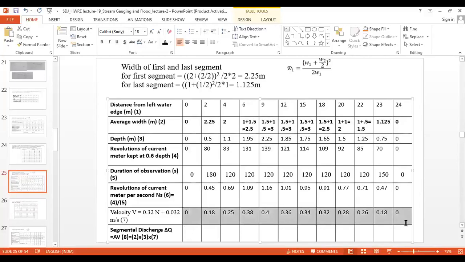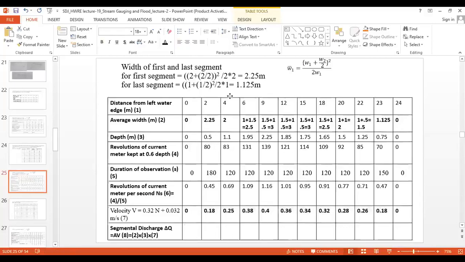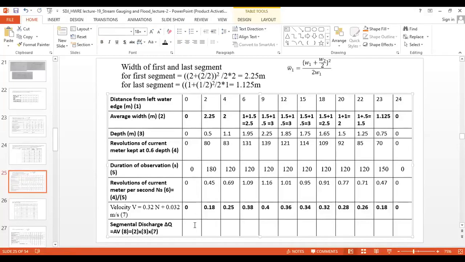First the segmental discharge, and then we will calculate the total discharge. So segmental discharge, how to get? Area into velocity. Area will be B into D, that is average width into depth. I made it bold. This B into D is row number 2 and row number 3, into velocity, that is row number 7. We'll do the calculations side by side.